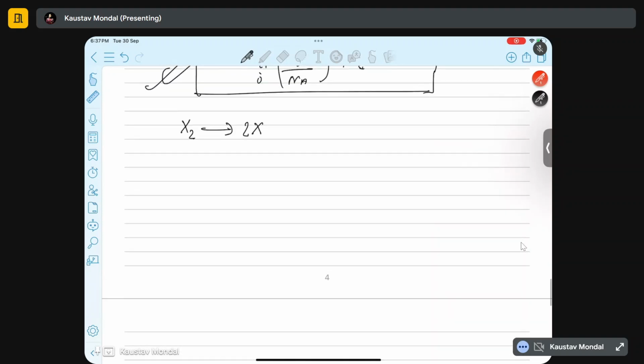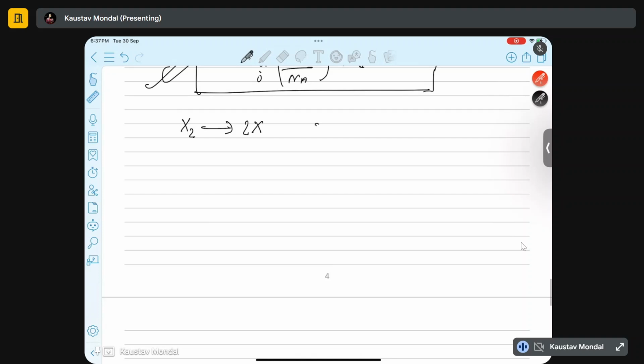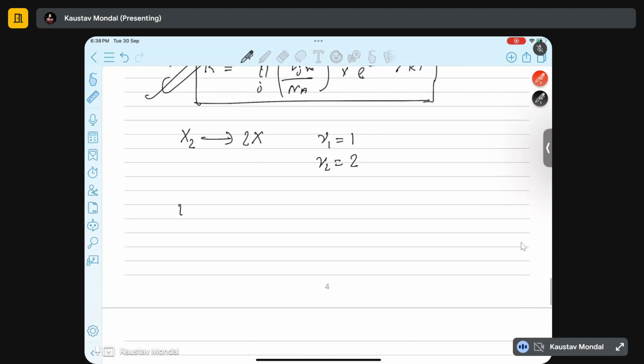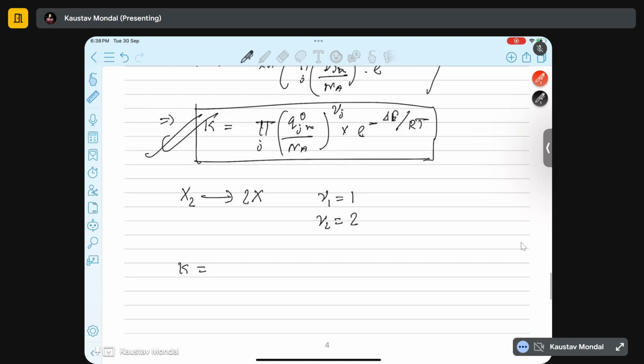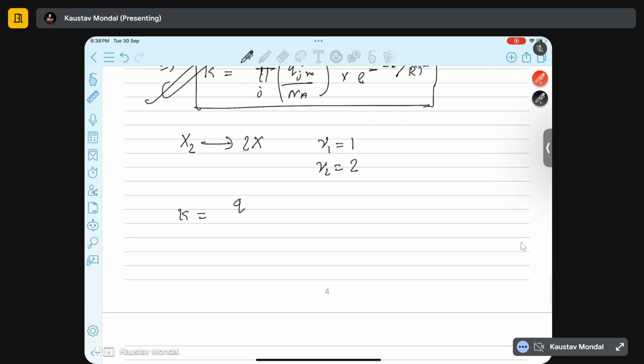Here nu1 is 1 for the case of X2, so the stoichiometric coefficient is 1. For the second case, the stoichiometric coefficient nu2 is 2. So that means K is Q, sorry, nu for the reactant is minus 1, and for the product is 2.